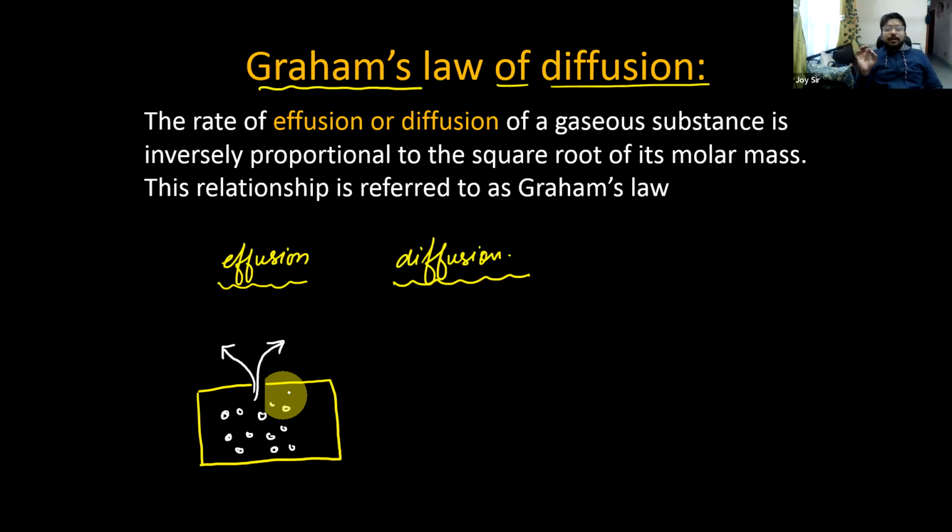So always remember, when we talk about gases, they flow from high pressure to low pressure. If the pressure inside and outside is the same, gas won't flow. So here the outside pressure must be less, that's why the gas is escaping and coming out.